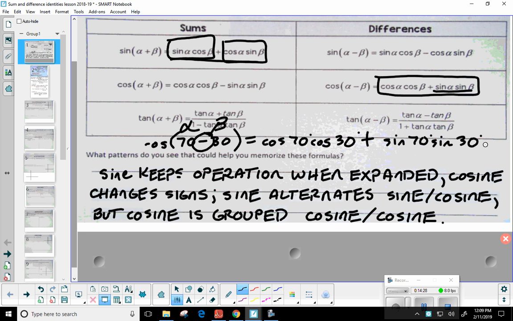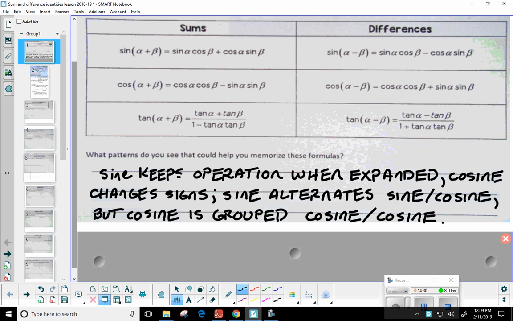What if I were to give you something like this? Let's say the sine of 75 degrees. But we don't have a calculator, and I want to evaluate that.